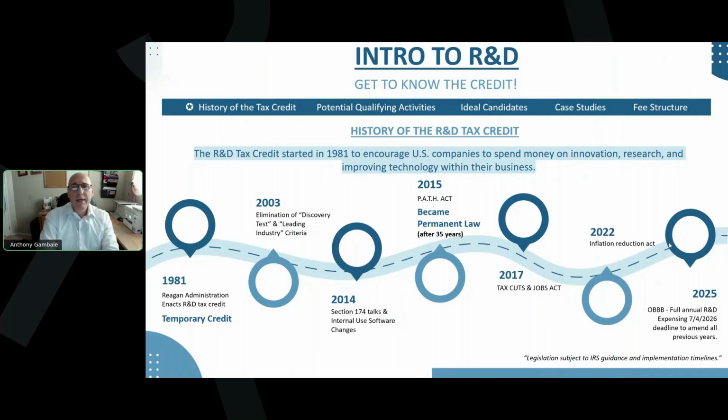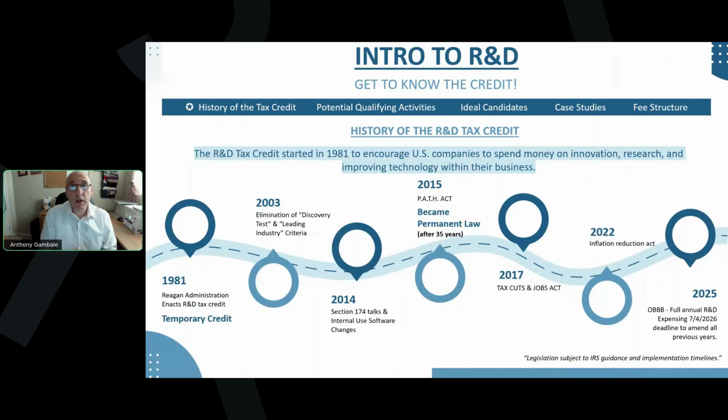As the years and decades went on, it's gone through many different changes, and the whole reason for R&D at that time was for the United States to be competitive on a global scale. If you remember, and I'm in my latter 50s here, outsourcing was starting to happen, a lot of jobs moving outside the country.